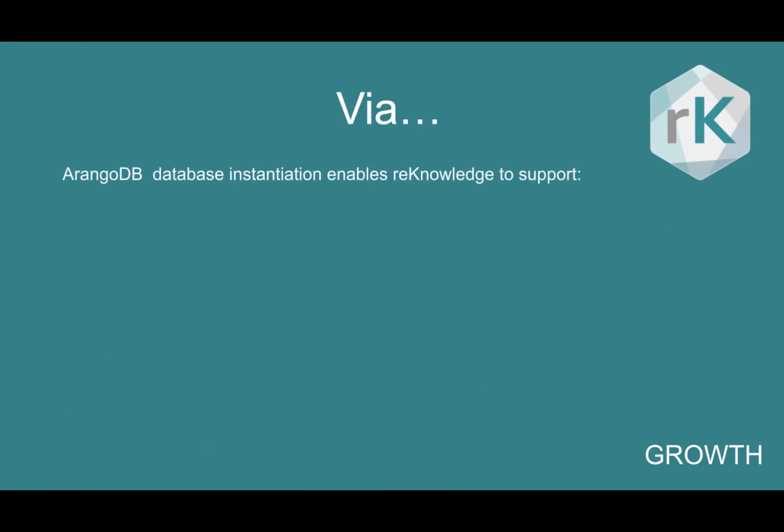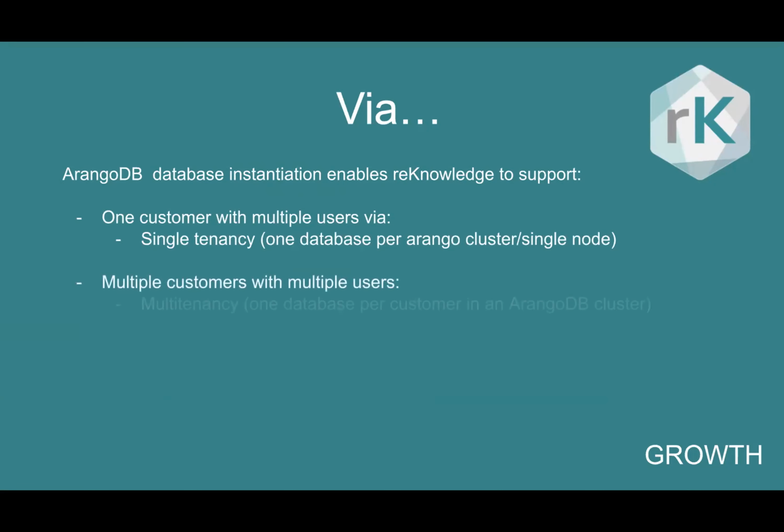Well, if we just look purely at how we can instantiate the concept of a database in Arango, we can support the models of one customer or multiple customers by simply changing how we deploy Arango, in terms of a single node server versus a cluster.